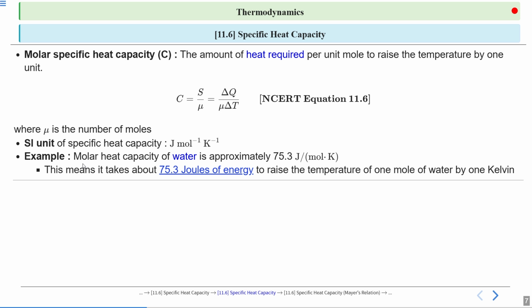And this 75.3 joules is the molar specific heat capacity of water. It depends on the nature of the material. Molar heat capacity depends on the nature of the material.